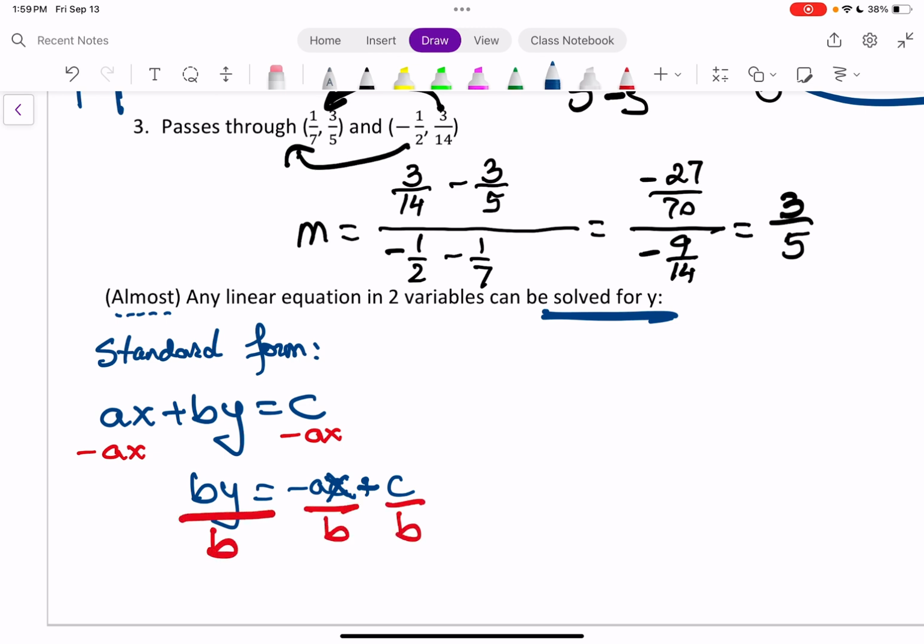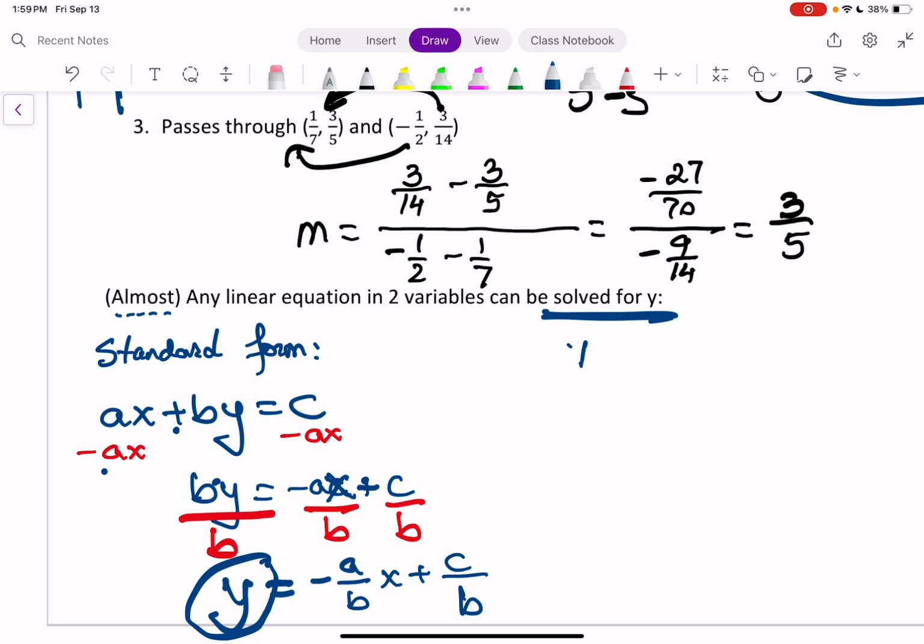And we're going to get y by itself. Same as we've solved all these other equations earlier in 2.1, right? Solve for a certain variable. Undo what's been done. So if something's added, we subtract. Something's multiplied, we divide. So we can get y by itself.